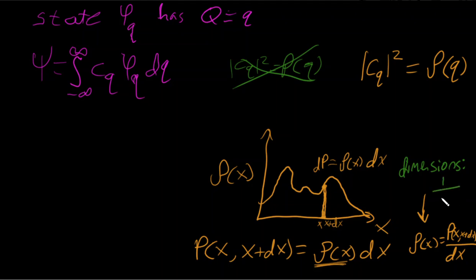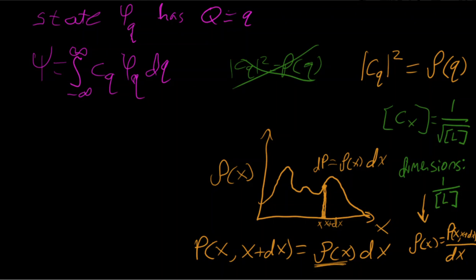The dimensions of probability density is 1 over length. And so then we can also see that the coefficient c sub x has dimensions: the dimensions of c sub x is equal to 1 divided by the square root of length, which is going to be a bit more important a little later in this course, but we'll get to that when we get to it. So hopefully this makes sense, and I'm going to write down some new expressions that we can get from here.